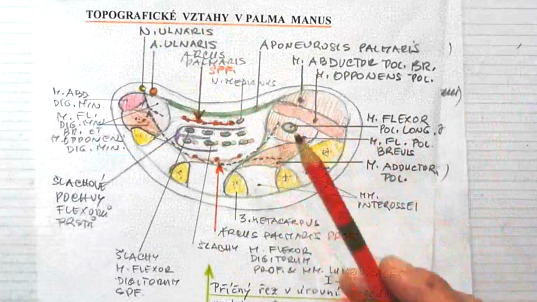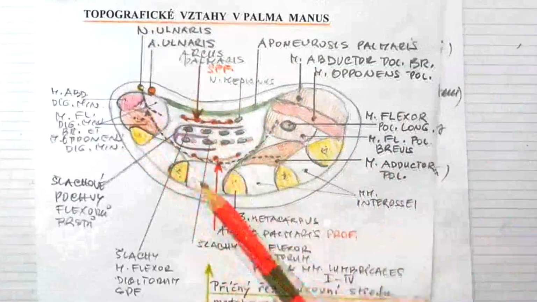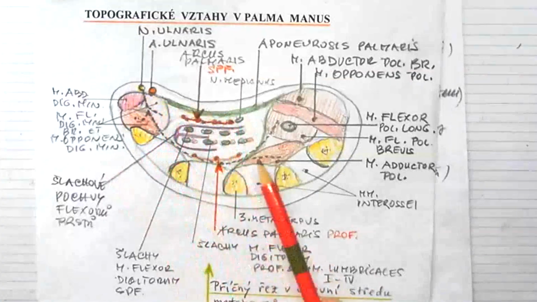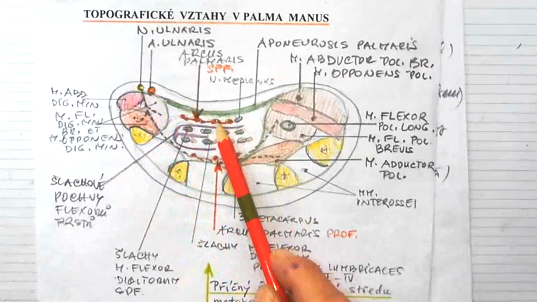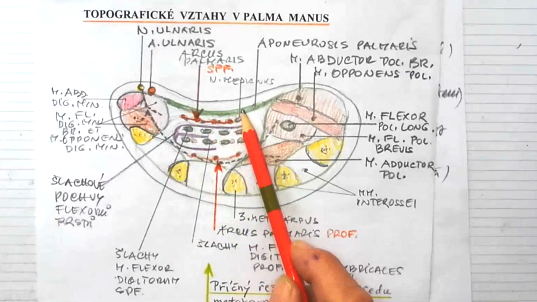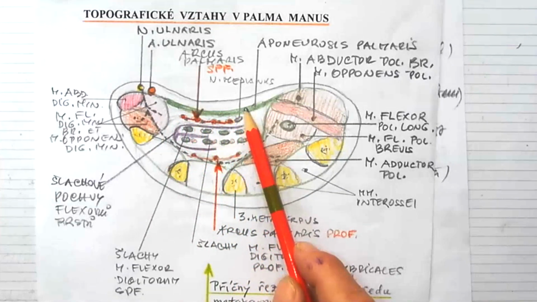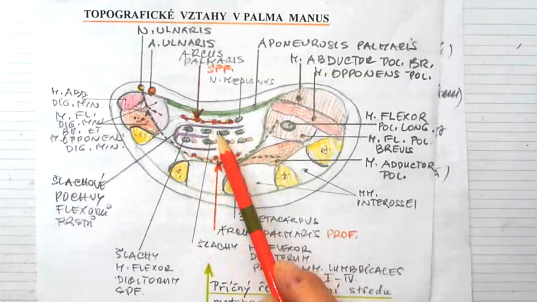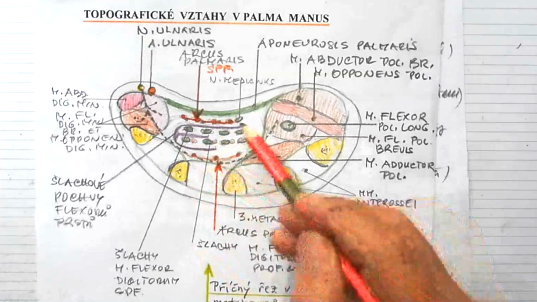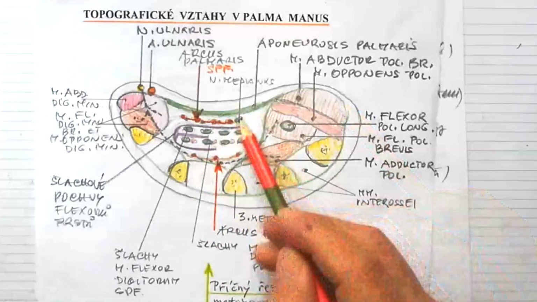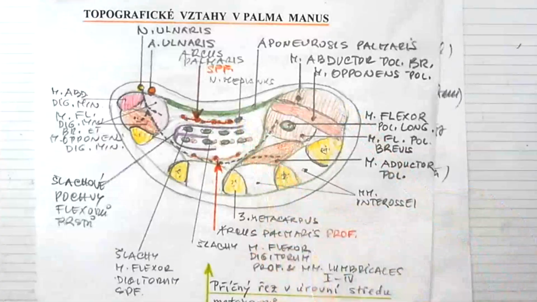Again, we see the thenar, hypothenar, then ulnar artery on the surface. Here we have the superficial palmar arch, which is situated between the palmar aponeurosis and the synovial sheath of the flexors, superficial and deep. On the lateral or radial side lies also the median nerve.